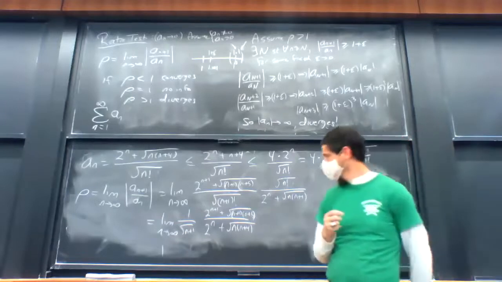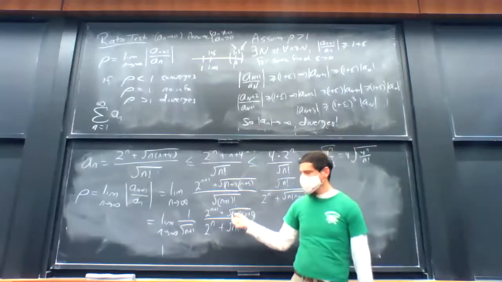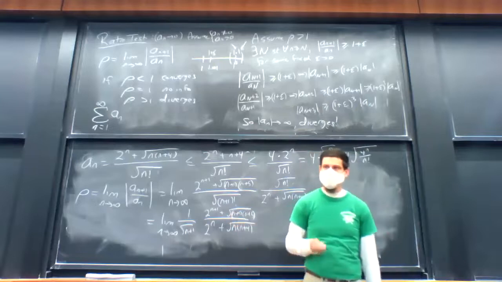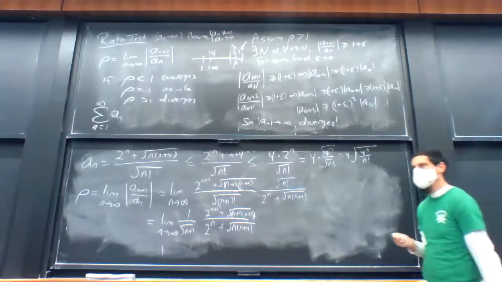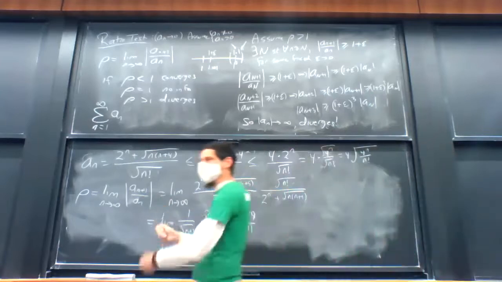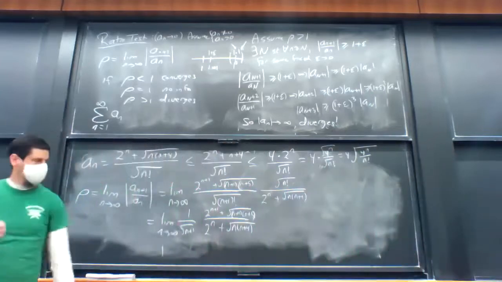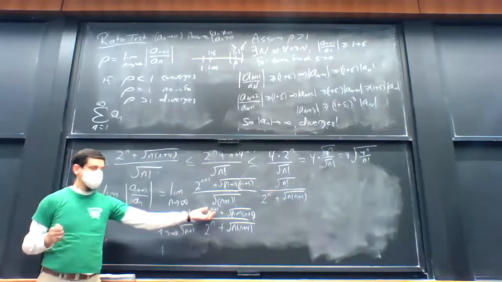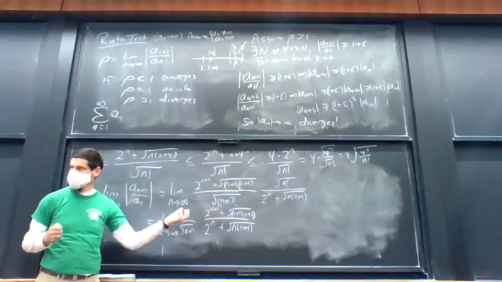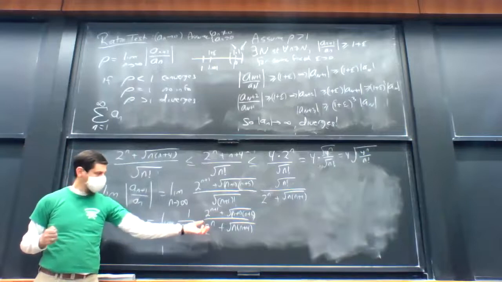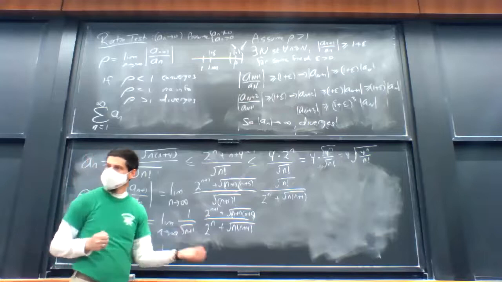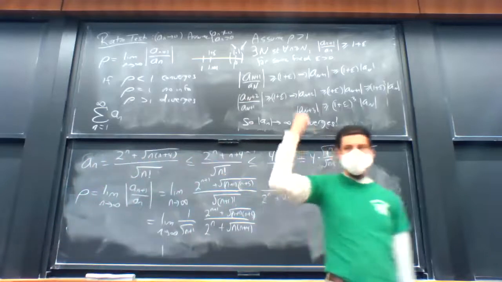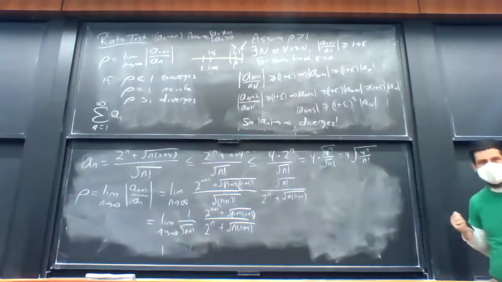Okay. Well, this should hopefully remind you a little bit of when we look at ratios of polynomials, and we're looking at what happens as x goes to infinity, and you pulled out the highest power of both. But when I look at this, I could pull out from the numerator a 2 to the n plus 1. And what should I pull out from the denominator? 2 to the n. And 2 to the n plus 1 divided by 2 to the n is 2.